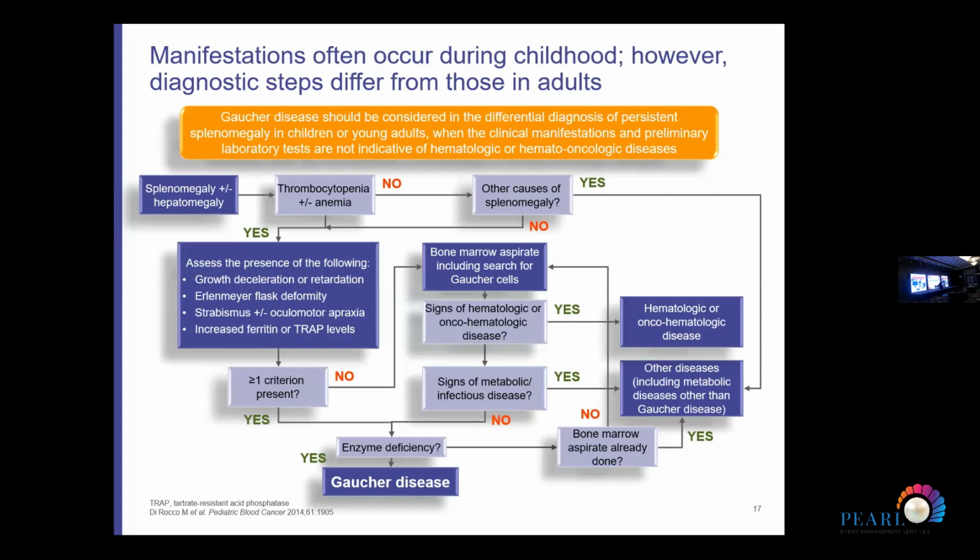If you find these are both positive, you have to assess the presence of growth deceleration, do an X-ray to look for the bone manifestations, look for the CNS features, which are the oculomotor apraxia. If these are present, you have to send, of course, the enzyme assay. And of course, if it's positive or confirming the enzyme deficiency, you have a diagnosis of Gaucher disease.